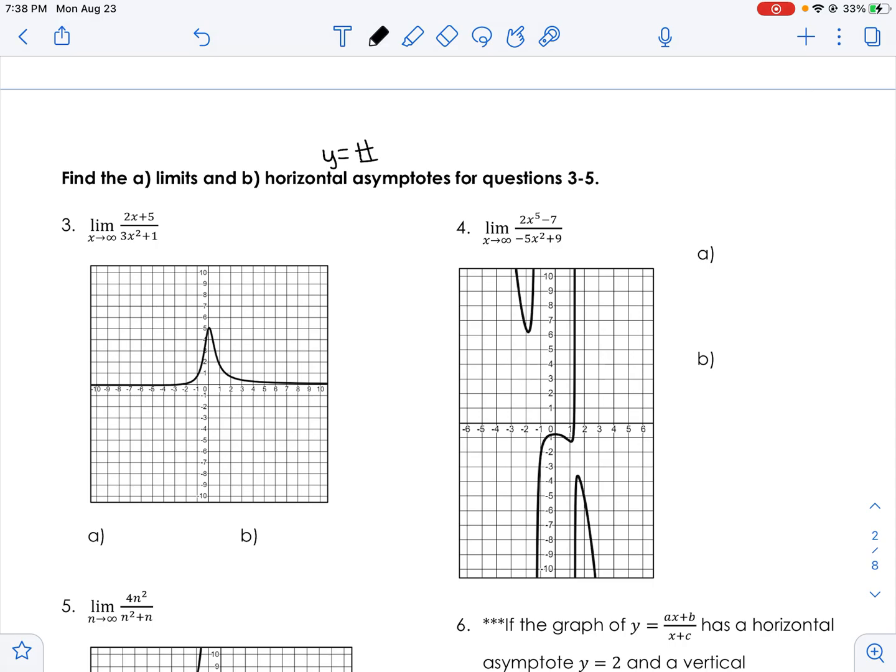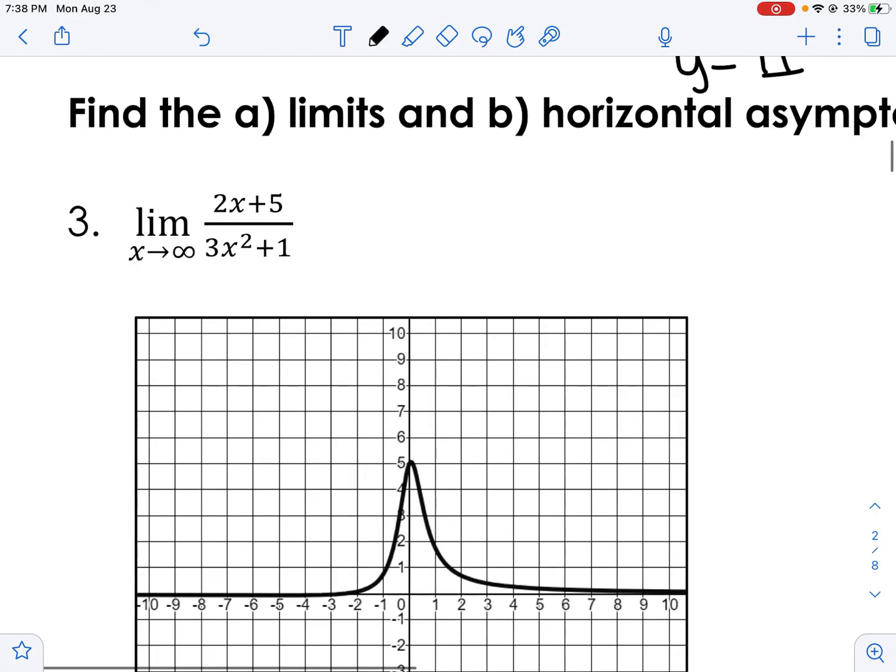Looking at number 3, I'm thinking BOBO, which is bigger on bottom, BOTN, bigger on top, none, or EATS DC, where we take the ratio because the degrees are the same. I see that my degree is bigger on bottom.